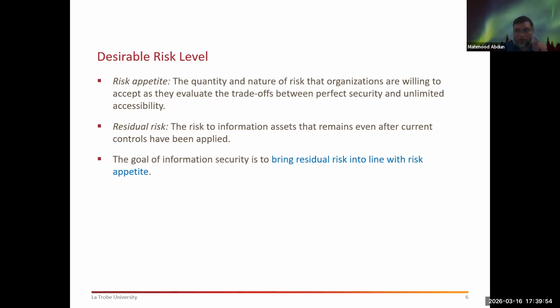Therefore, an organization must define the level of risk that it is willing to live with. And that informs the shareholders, the clients, the stakeholders of the company about the risk appetite of that company or organization. So risk appetite basically defines the quantity and nature of risk that this organization is willing to accept.